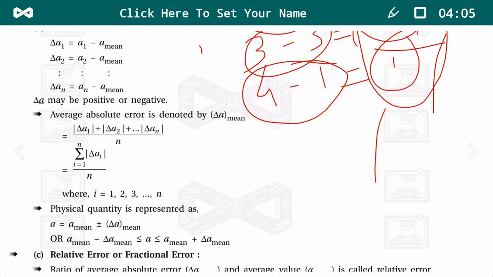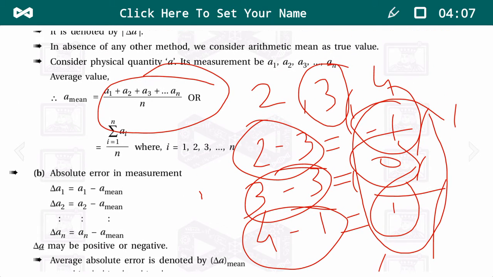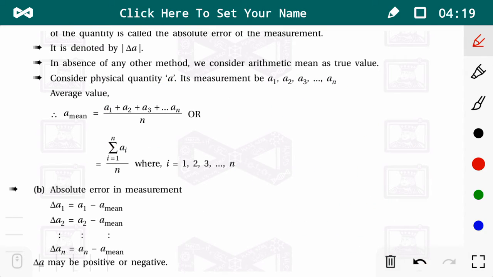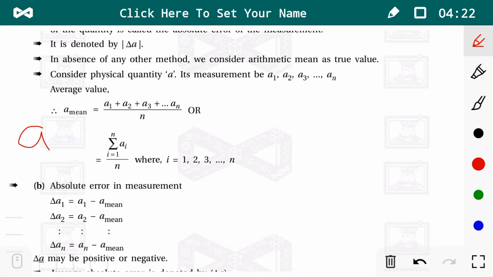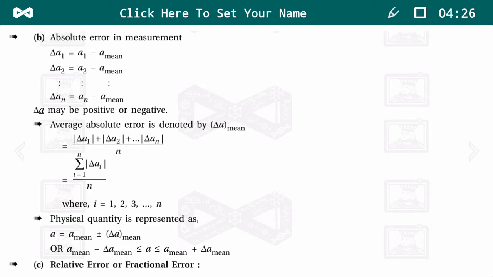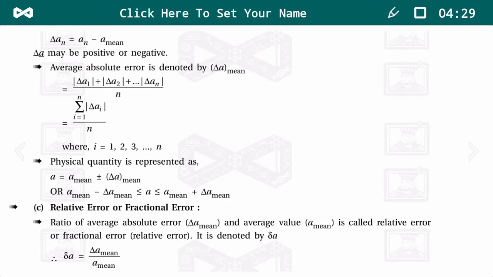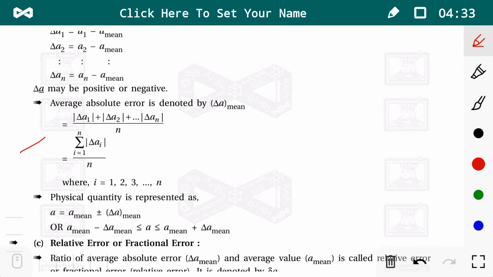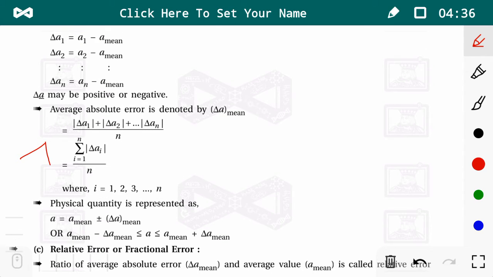So you will get delta A bar. This is A bar, and this one is delta A bar.